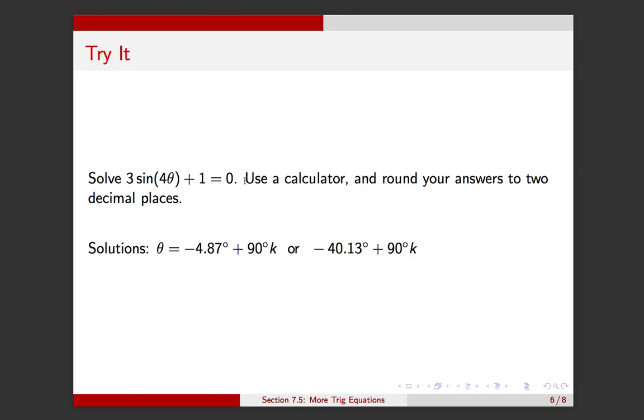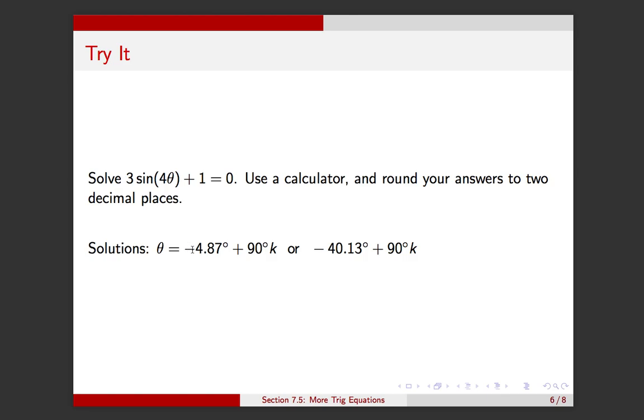So hopefully what you did was you calculated sine inverse of negative 1/3 to get you this angle, or something like this angle here. And then of course, sine inverse gives you the angle in the 4th quadrant, but there's another one in the 3rd quadrant whose sine value is negative 1/3. So you can figure that out.